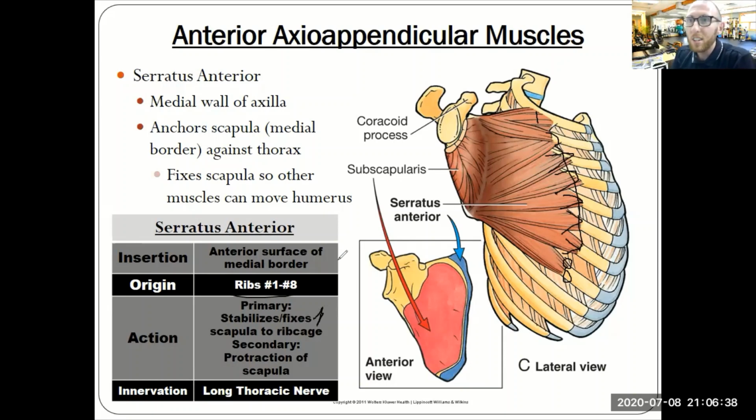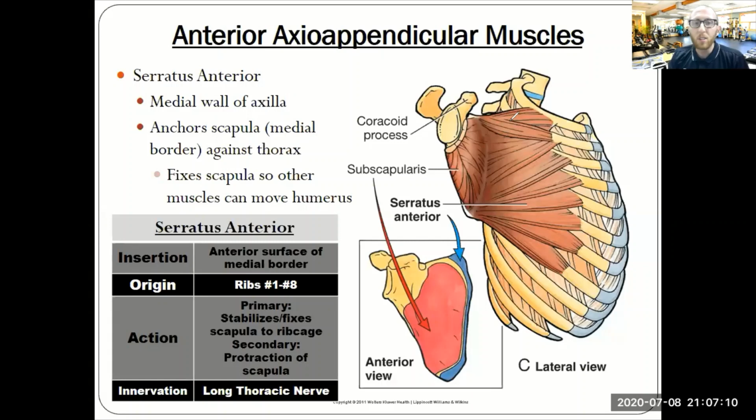And I do want you to note there's a primary function and a secondary function. The secondary function is to protract the scapula, but primary is to just hold it in place. The scapula likes to come off the rib cage if it's not locked in, and this serratus anterior is going to lock it, stabilize, fix it to the rib cage.